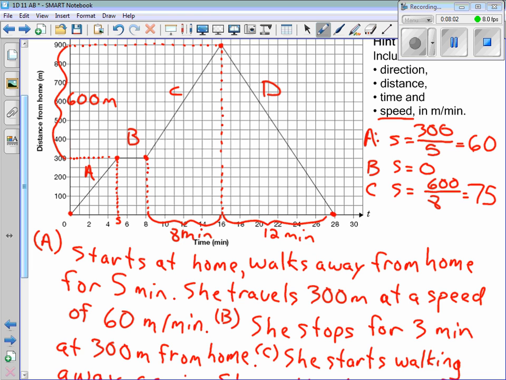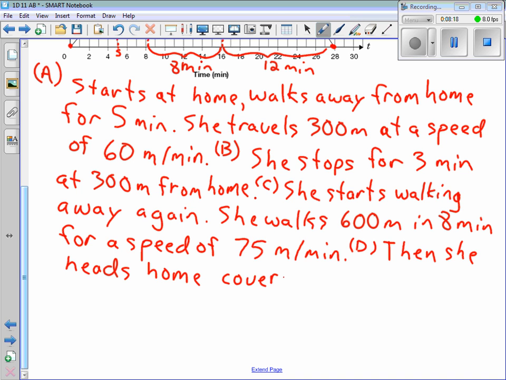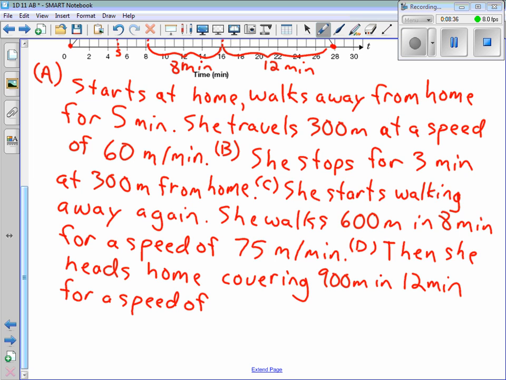So we can say, section D, then she heads home, covering 900 meters in 12 minutes, for a speed of, well, let's calculate this.